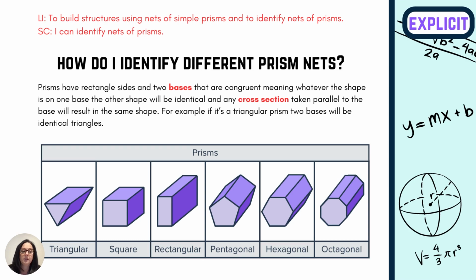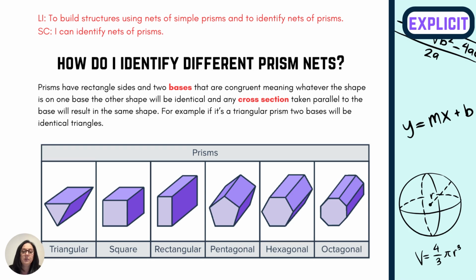For instance, we have here the triangular prism, so the two bases are triangles, or for square, we've got our rectangular prism, pentagonal, hexagonal, always struggle to say that one, and octagonal. So the two bases are your key feature in identifying the type of prism net.